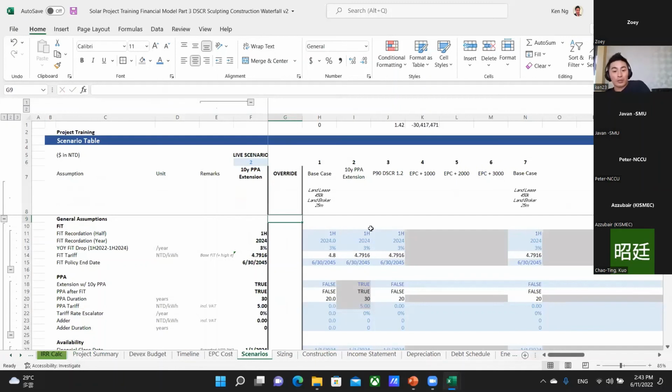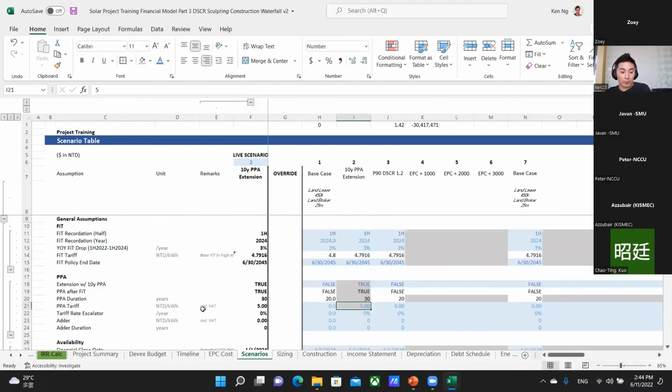So there's a potential to actually extend the life of the project by signing a new power purchase agreement, whether it's with a big corporate customer like TSMC or Google or Amazon or Microsoft, who runs a lot of data centers in Taiwan and has a lot of power usage. Or we can try and negotiate another contract with TPC, right, at the end of 20 years. But the crux of it is that we should be able to extend the project by an extra 10 years.